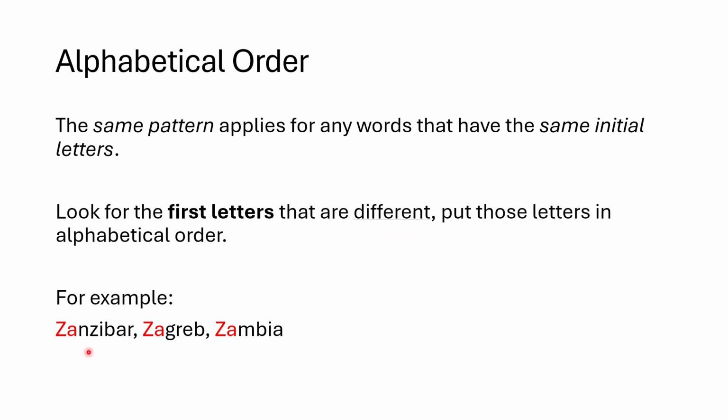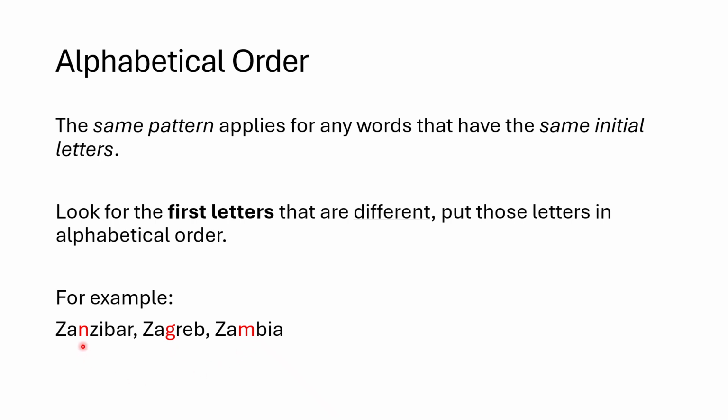The names of these places all begin with the letters Z, A. Zanzibar, Zagreb, Zambia. The third letters of these words are different.